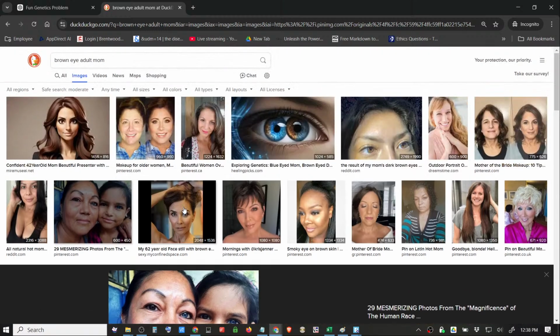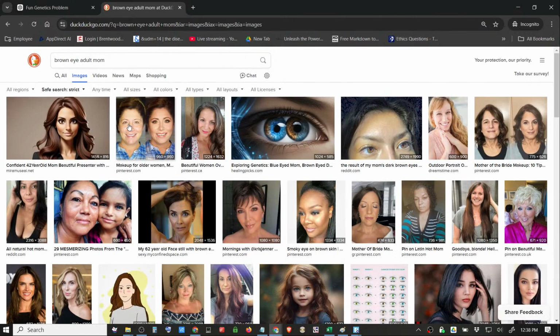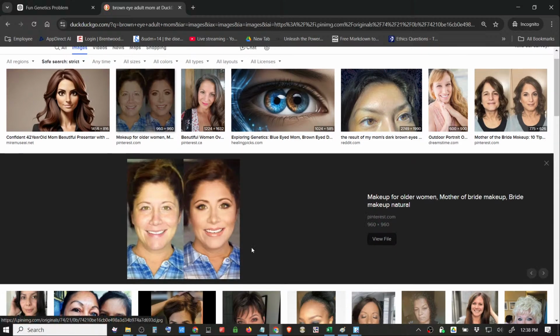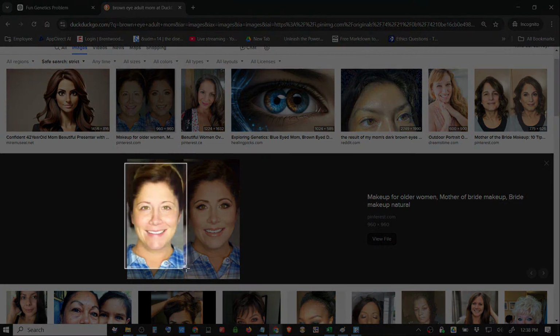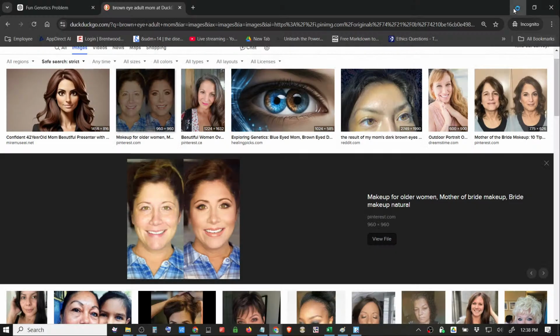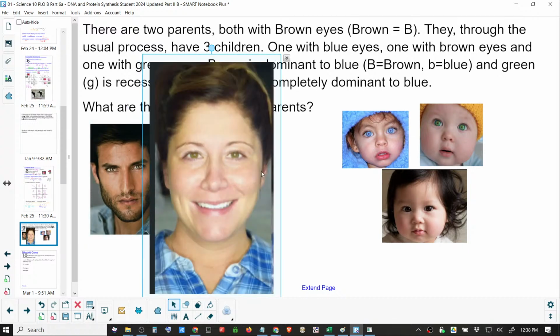Is safe search strict, please? Thank you. She's still there. Okay, makeup for older women. Let's do that. That looks like a model. What'd you say, Alexander? Could you repeat that? Do you disagree? No, I don't even know what you're talking about.